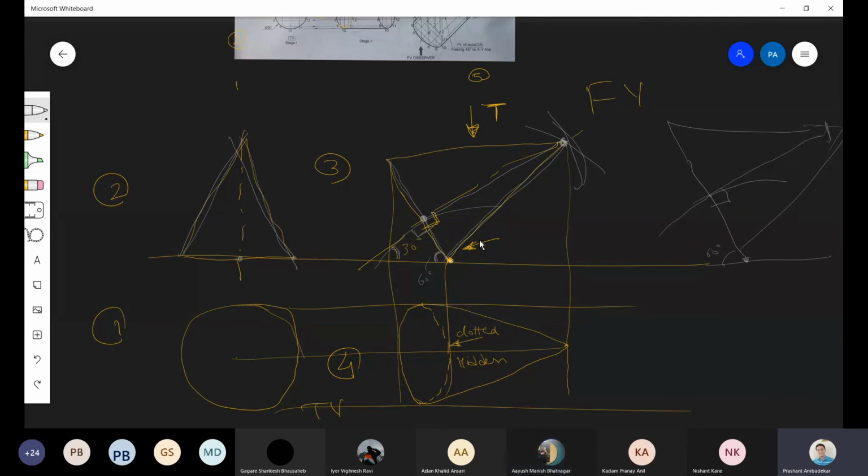Okay. Now, what is this line called? This is called the generator. So sometimes instead of the base angle or axis angle, the generator angle can also be given. Or they can say that one of the generators is horizontal.